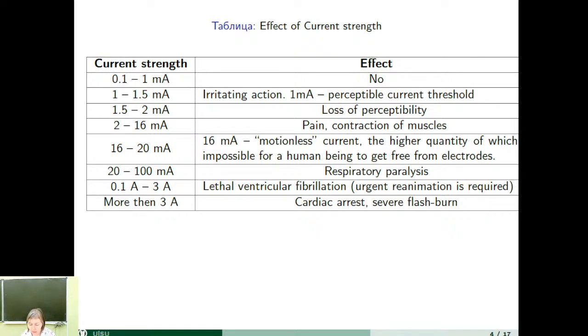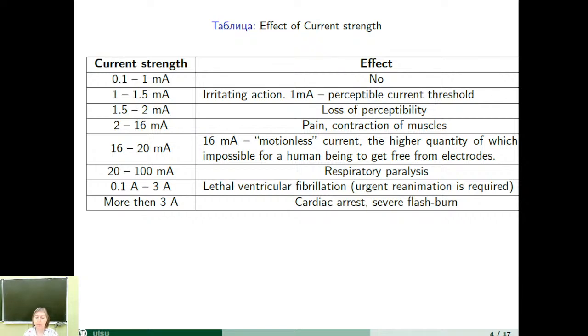And from 20 to 100 milliamperes is a respiratory paralysis. And from 0.1 to 3 ampere is a lethal ventricular fibrillation, and more than 3 ampere is a cardiac arrest, severe flash burn.